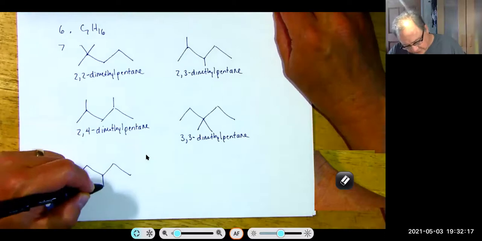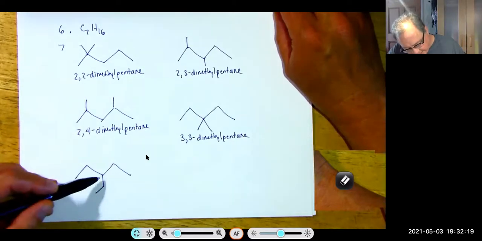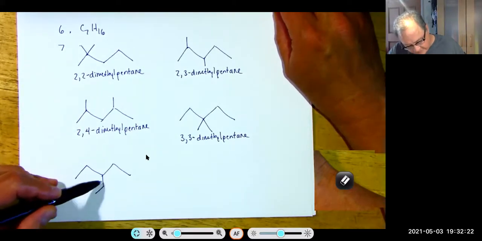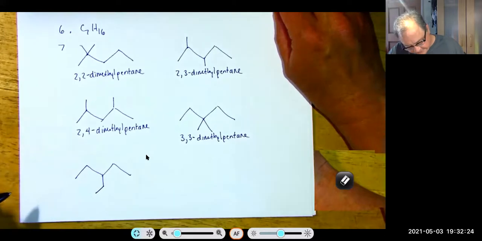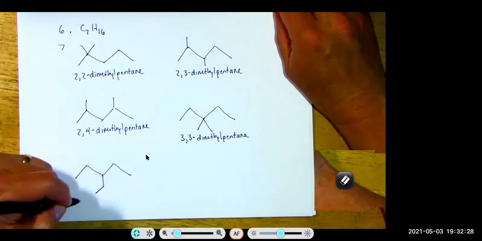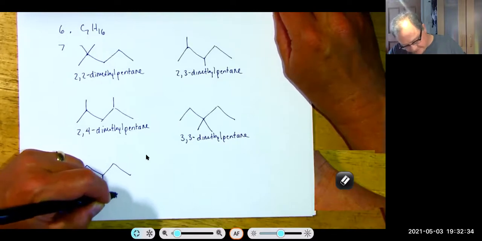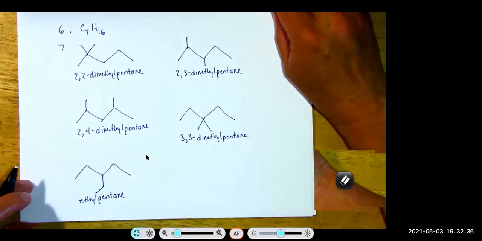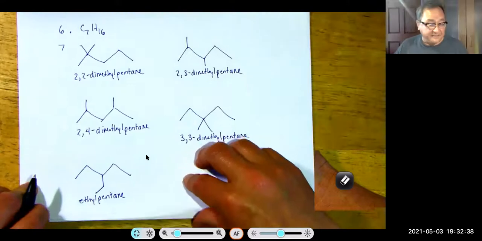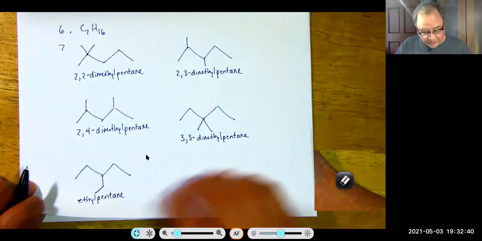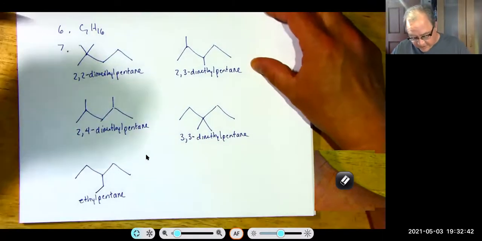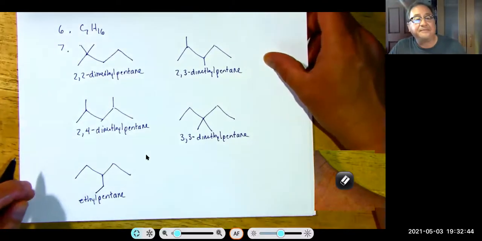Okay. And what are you going to call this one? 3-ethylpentane. Ethylpentane. I'm not going to bother putting a 3. Why is that? Because it wouldn't be a pentane if you put it on any of the others. That's right. So there's 6 and 7. We've found the 5 and we named them.